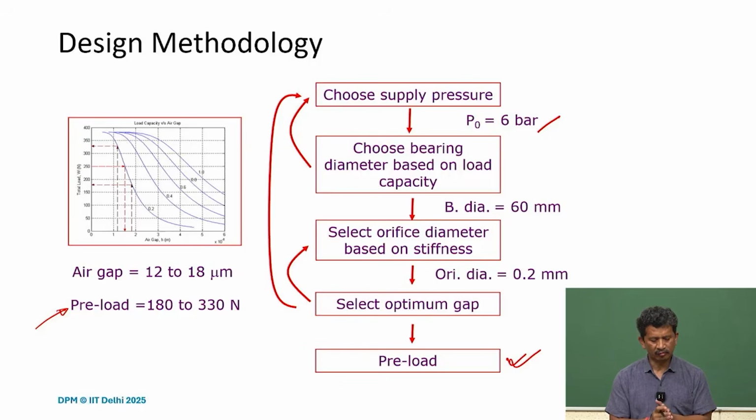But if it's lower, then the air gap will increase, along with the stiffness and those parameters. But what we also understand is that it has what we call a mechanical intelligence. So if we increase the load, the air on the bearing surface will get pressed, and the air gap will get reduced.